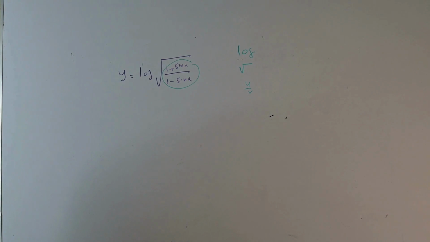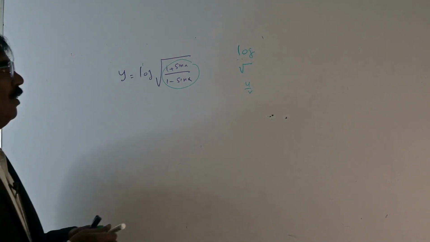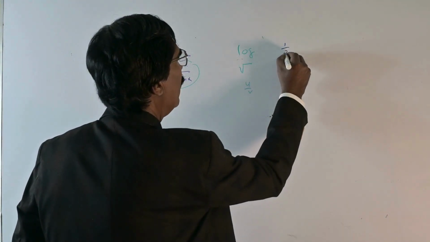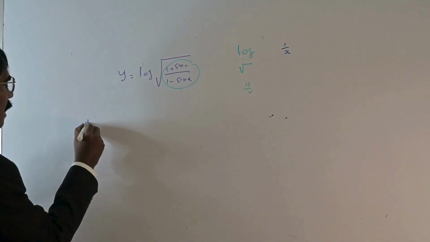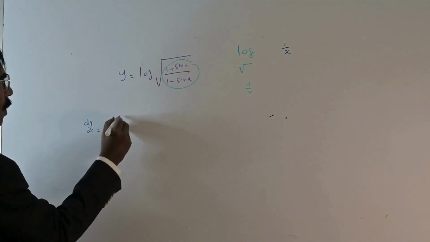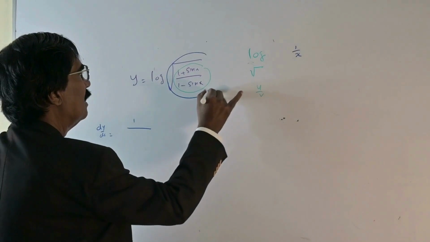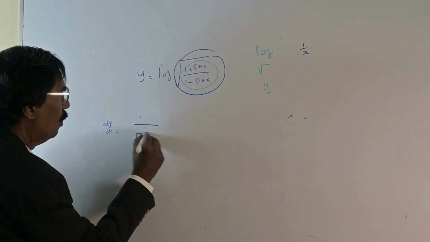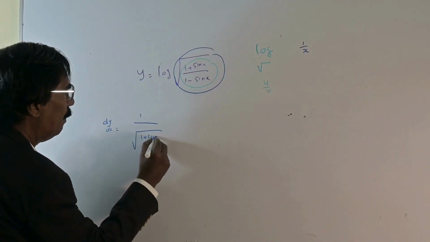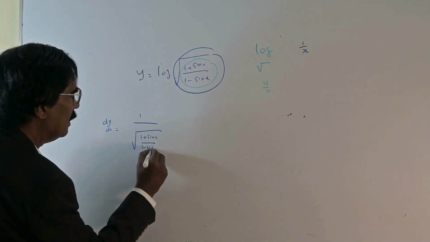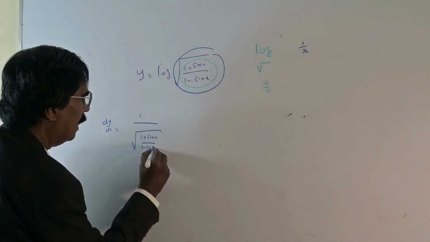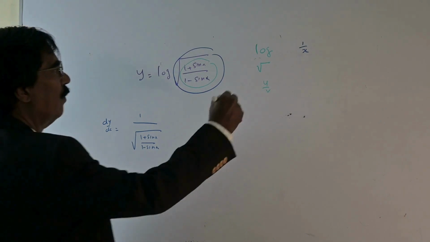First log, when you differentiate log, what is that? This is 1 by x, right? So here dy/dx is 1 by this x. So what will happen? Root of 1 plus sin x by 1 minus sin x. Right? Log is over.